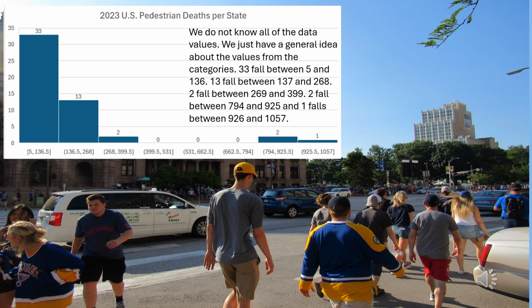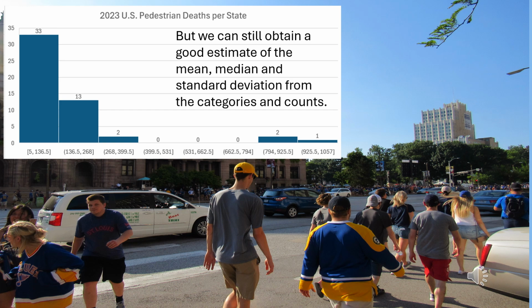And so in the long run, we should really work with the whole numbers. Even though we don't have the actual exact data, we can get decent estimates of the mean, median, and standard deviation by using the categories and the counts.